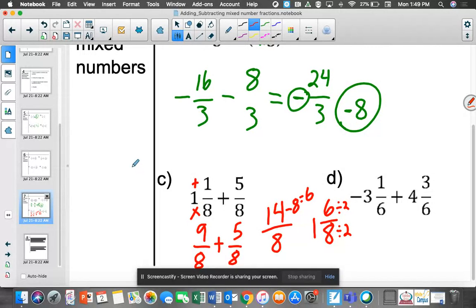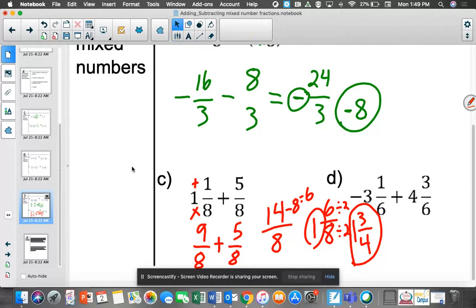So 6 divided by 2 is 3. 8 divided by 2 is 4. And don't forget I still have the 1 over here. So the answer is 1 3/4 because I had to simplify. Next, you will do D, negative 3 1/6 plus 4 3/6.